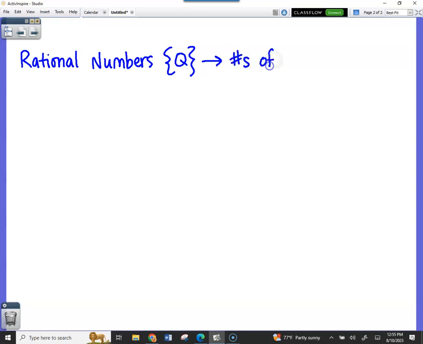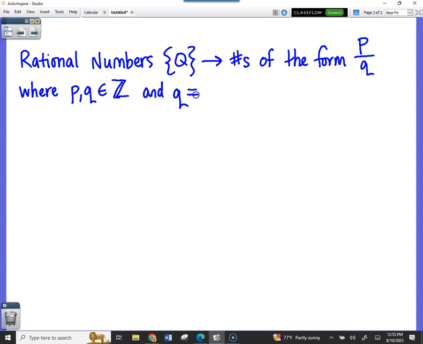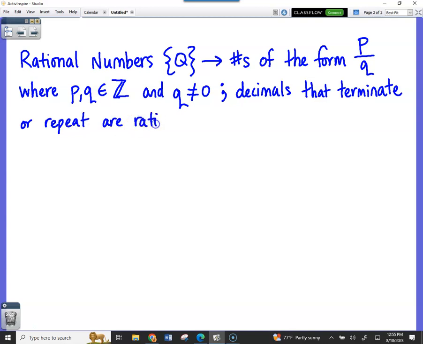It would be numbers of the form P over Q, where P, comma, Q, that is like drawing a C with a line, so it kind of looks like a curved E. And then that's that Z symbol for integers.